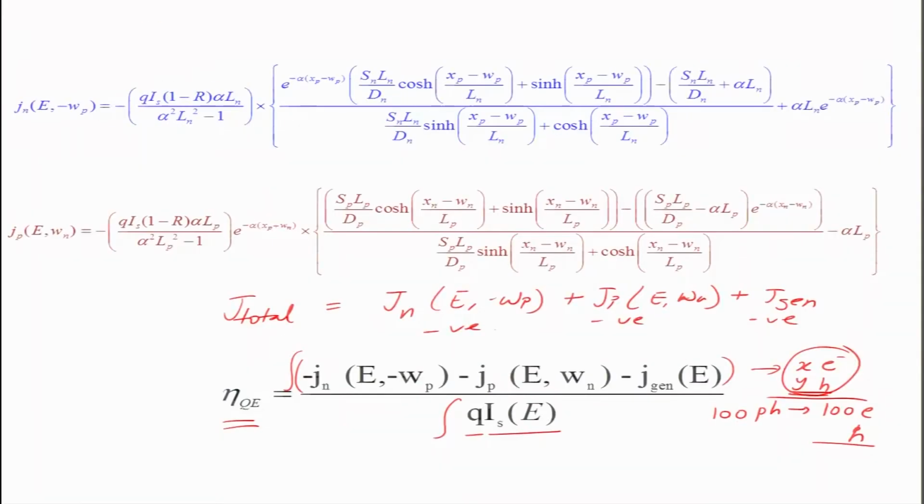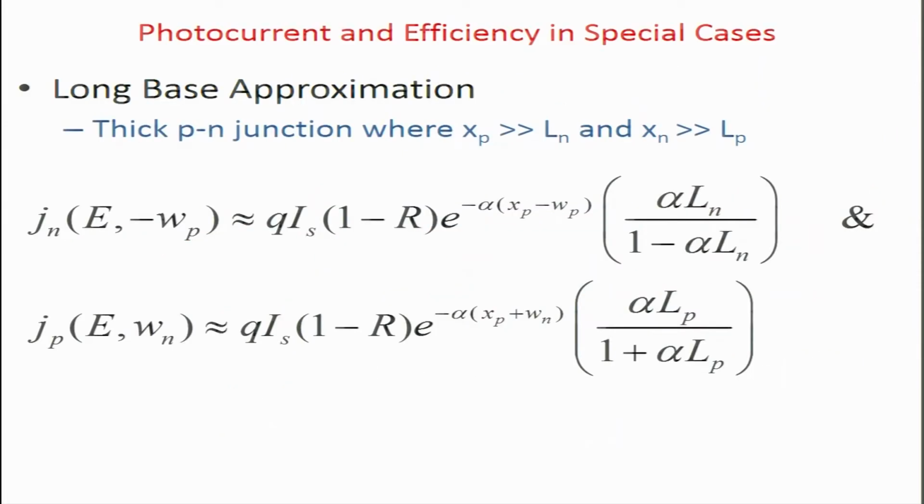To solve this further, you can approximate, and first you can make a long base approximation. Long base approximation means the diode is very thick, the PN junction is extremely thick, and we assume that Xp is greater than Ln and Xn is greater than Lp. In such a case, the surface recombination term becomes invalid.